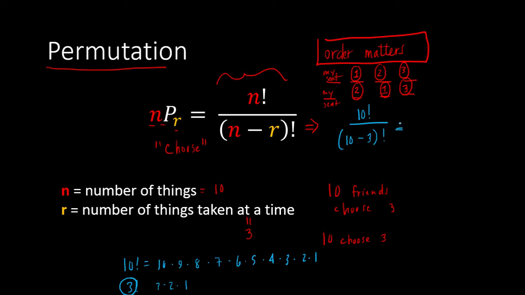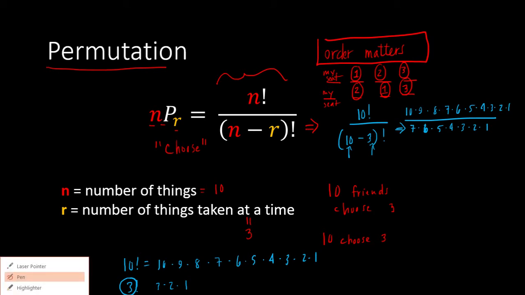So if I wanted to simplify this, I would get 10 times 9 times, right, all the way down. But notice, I can cancel out some factors. So I could have 10 times 9 times 8 times 7 times 6 all the way down over 10 minus 3 is 7, so I've got 7 factorial. So 7 times 6 times 5 times 4 times 3 times 2 times 1.